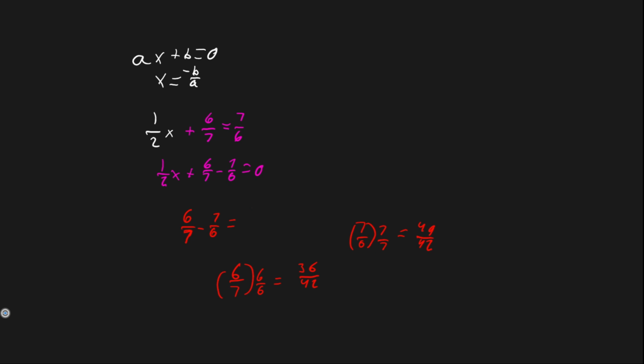So now we have 36 over 42 minus 49 over 42. And 36 minus 49 is negative 13, so negative 13 over 42. And we can see that we're going to have 1/2 x minus 13 over 42.